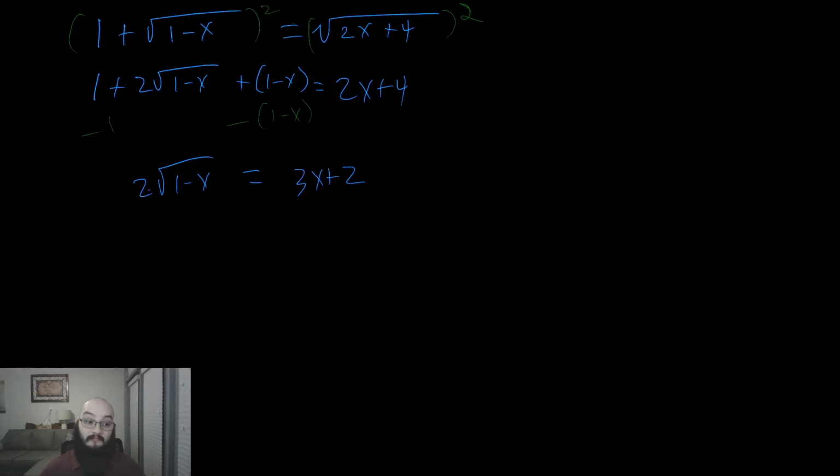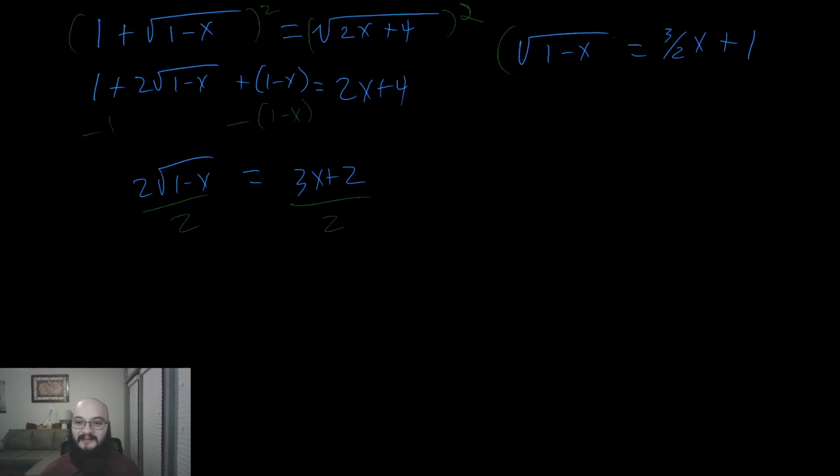Next, divide both sides by 2 to get rid of the 2 right here. So divide by 2, divide by 2. We will wind up with root 1 minus x is equal to 3 over 2x plus 2 over 2 is 1. And finally, we can square both sides again to get rid of this last radical.